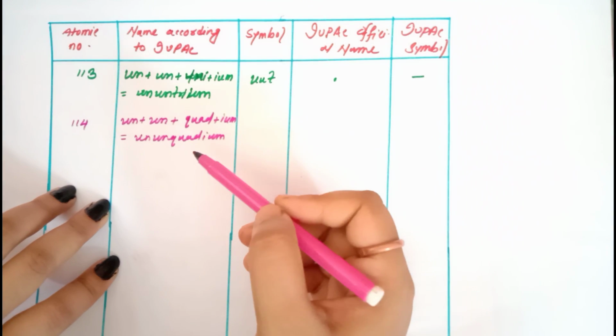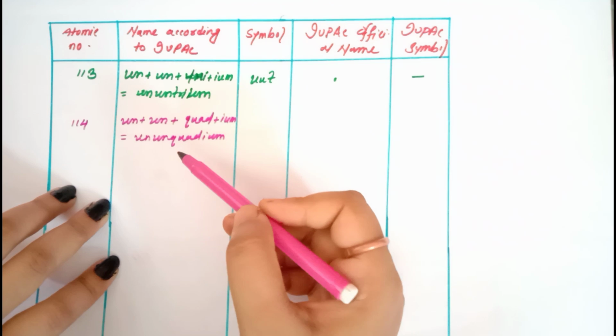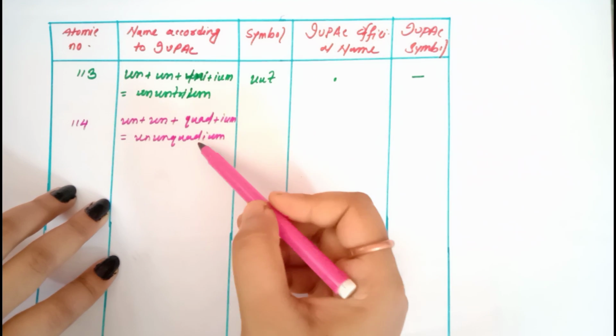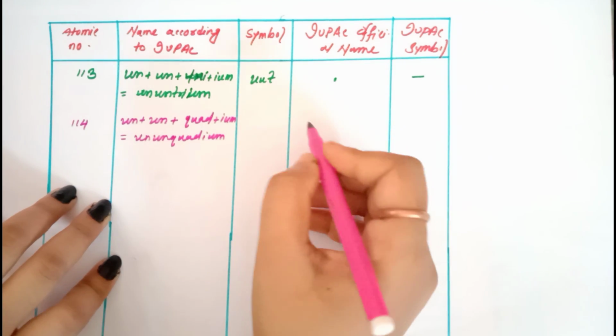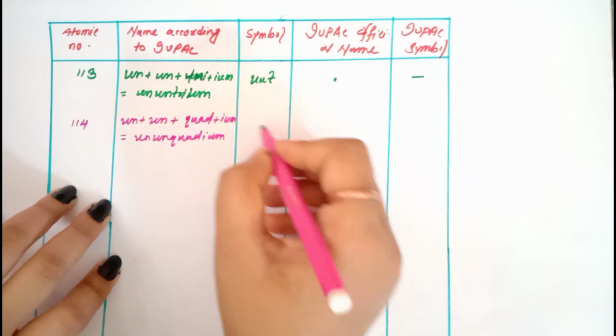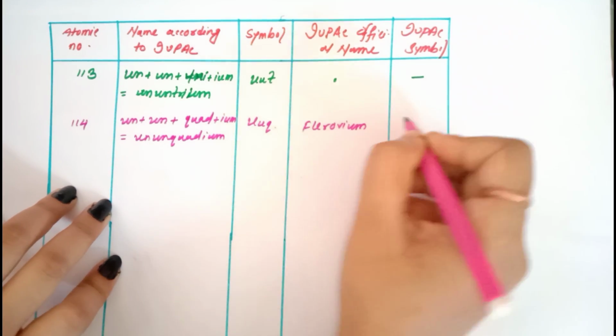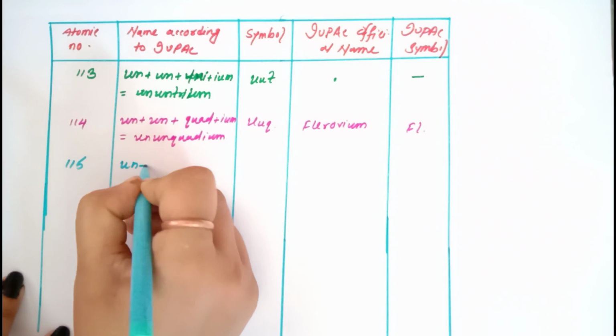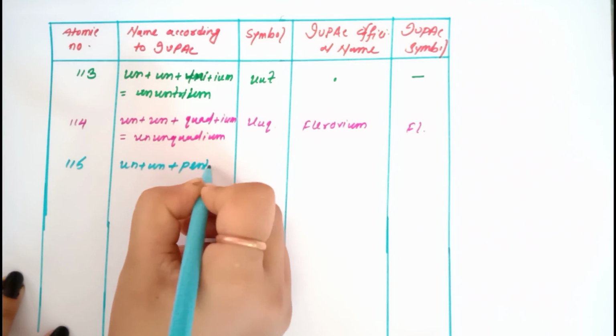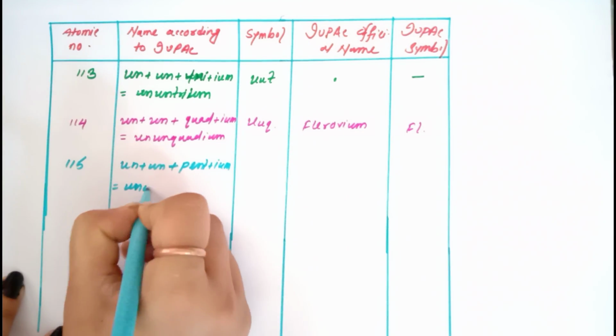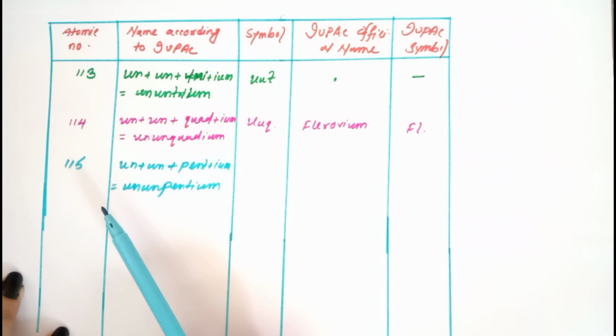The next element, having atomic number 114, is named Ununquadium, and its symbol will be Uuq. The element having atomic number 115 will be named Ununpentium, symbolized as Uup.